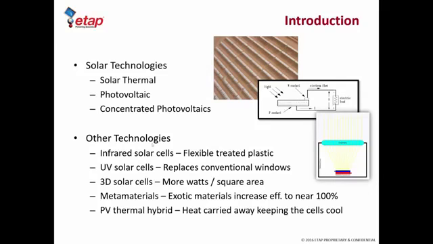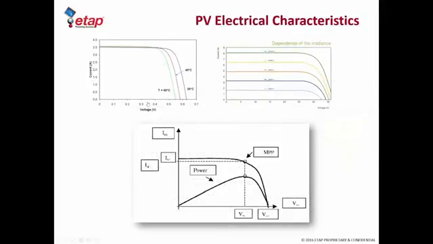There are other technologies that are up and coming and under research, such as infrared solar cells, UV solar cells that you can put on your windows, 3D solar cells that give you more watts per square area, different types of materials besides semiconductors, exotic materials that can increase efficiency to almost 100%, and PV thermal hybrid, where you can utilize the heat generated by the solar panels for other applications. For the next 45 minutes or so, we'll be focusing on photovoltaic only.